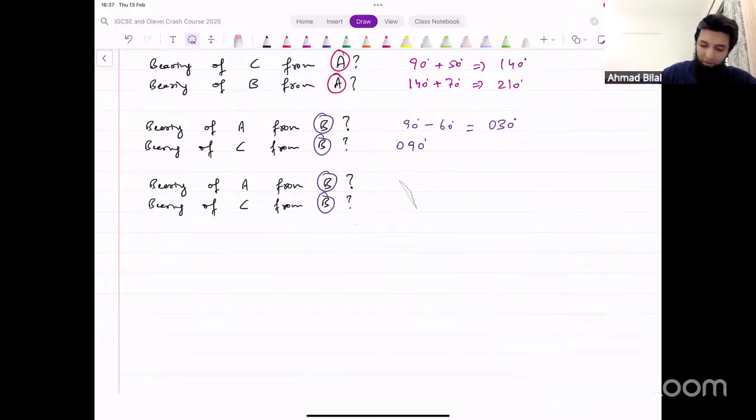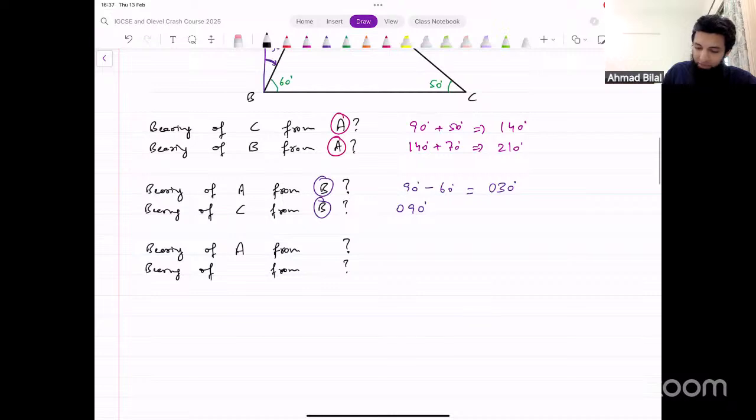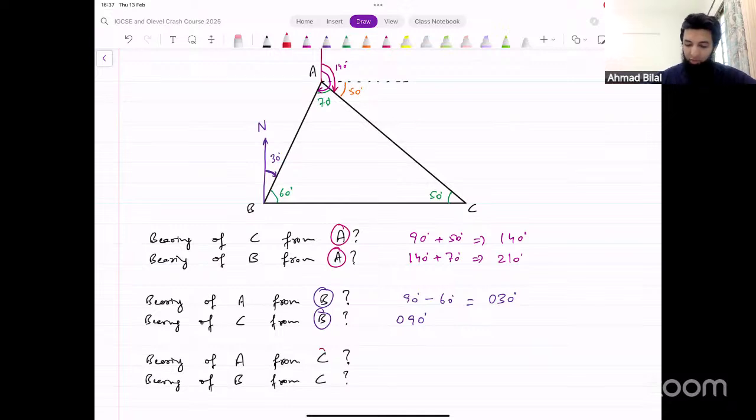Now let's say you want to find bearing of A from C and B from C. Now, what does that mean? In this case, the north is going to be made at the point C. Okay, so north is made at the point C. You measure angle from this line now, in which direction? In clockwise direction. Okay, so first of all, we can find B first.